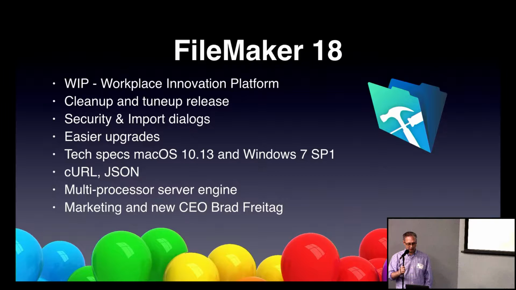The technical specs have gone up as well, so you have to be at a minimum of 10.13 for Mac OS and Windows 7 Service Pack 1. We have cURL and JSON just getting tweaked a little bit. They add a few more options and commands in there, but they've been out since FileMaker 16.